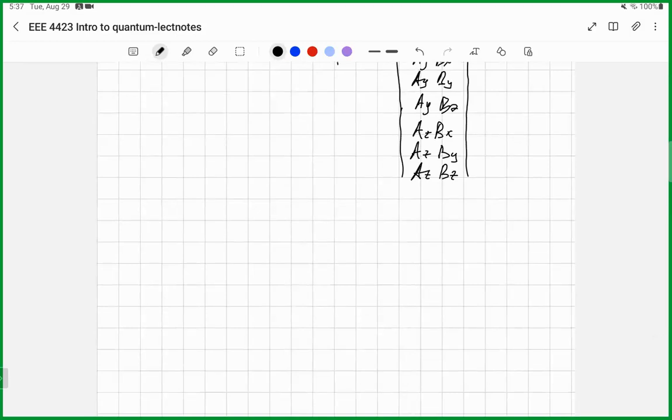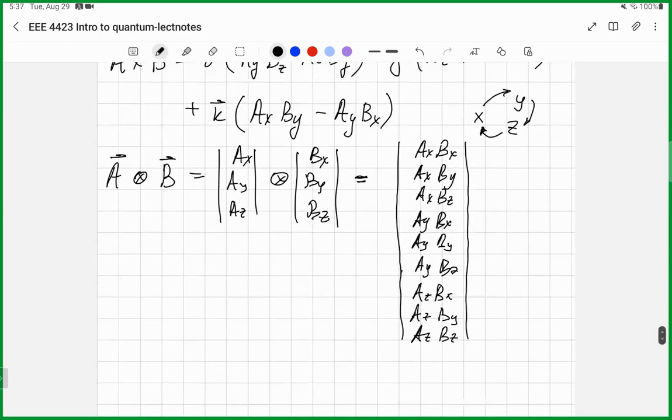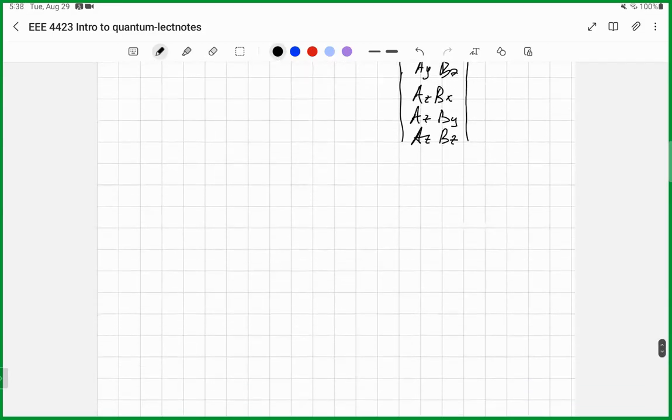Let me exemplify this. So for this vector b, bx, by, bz column, right? If I transpose this vector b, the transposed vector is basically a row of the same components. So it will be bx, by, bz, right?